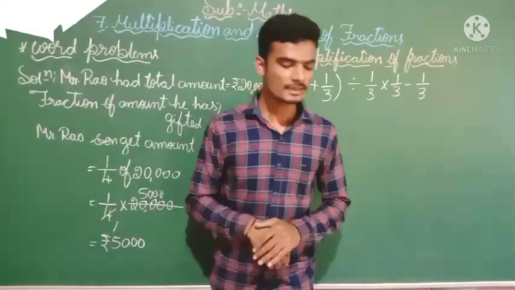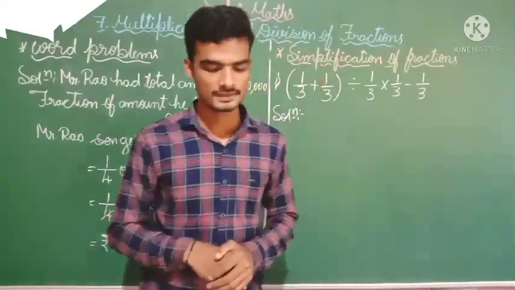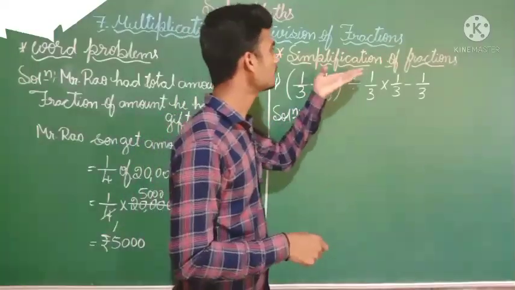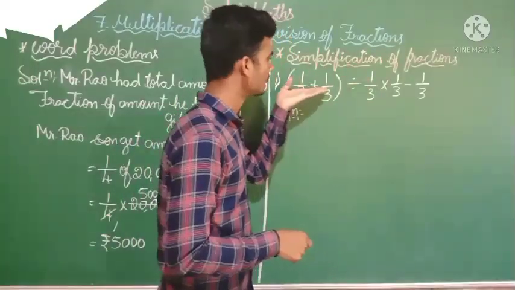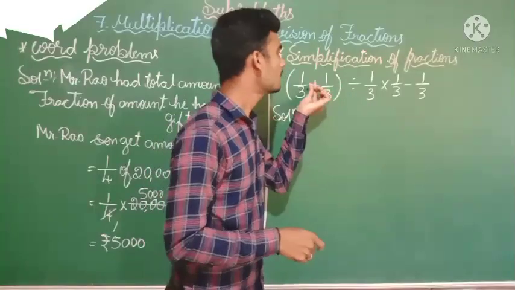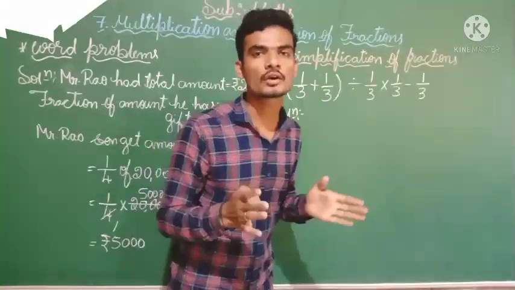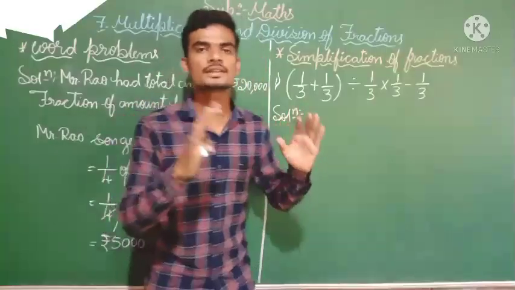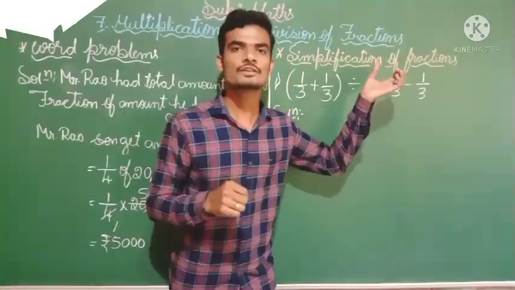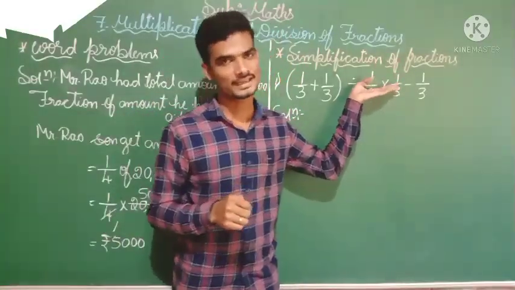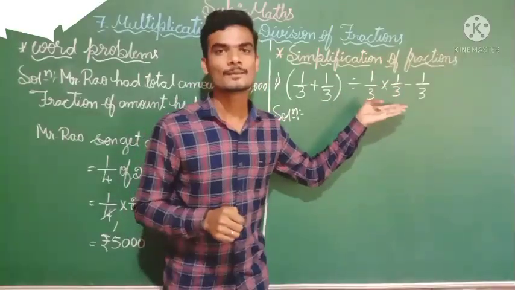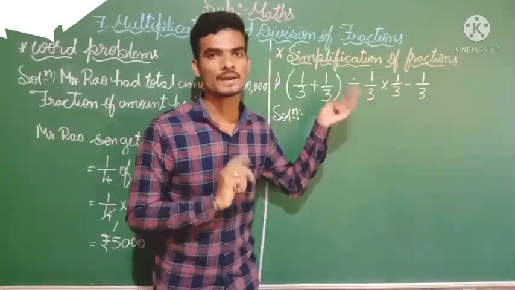Next we will see simplification of fractions. How to simplify the fractions if they are given all mixed, meaning multiplication, division, addition, and brackets. If all these arise, which rule will be applied here? Yes, very good. Here the BODMAS rule will be applied.